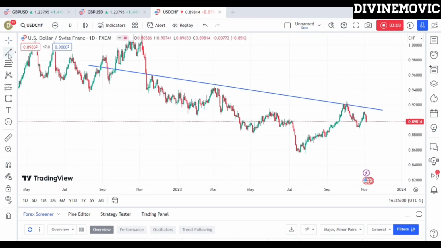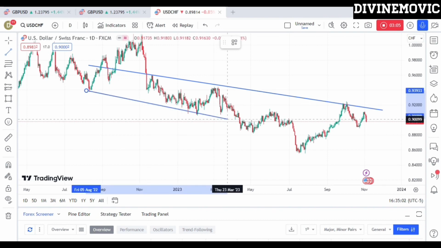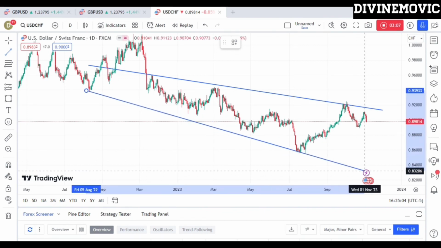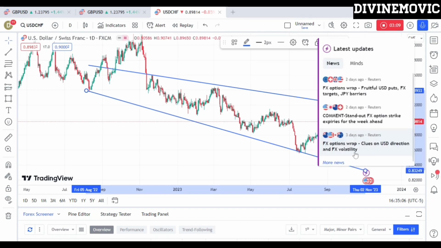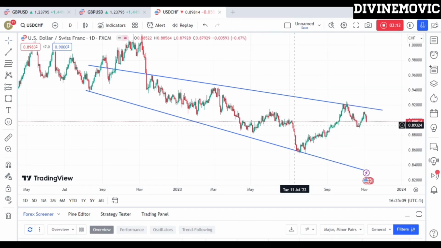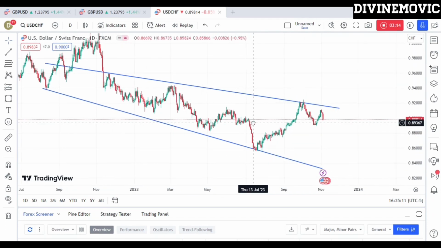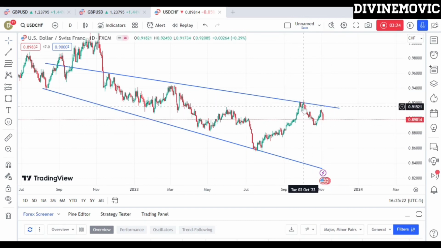So I'm going to be looking for a possible supply zone. And now how do I identify this supply zone? For me to be able to identify the supply zone, I'm only going to pay attention to the current price action.